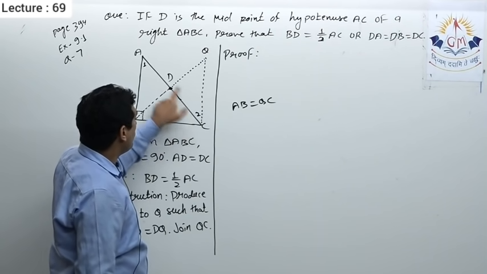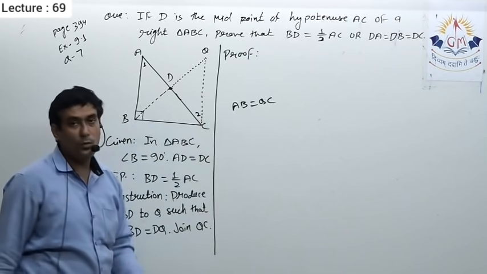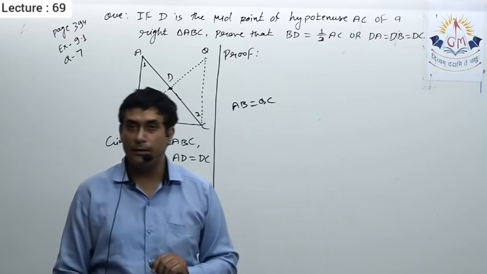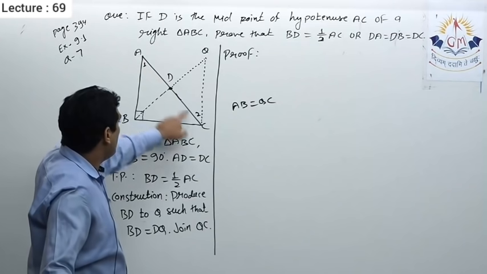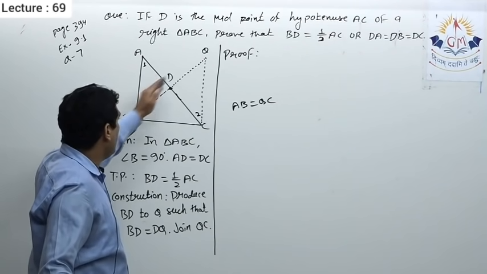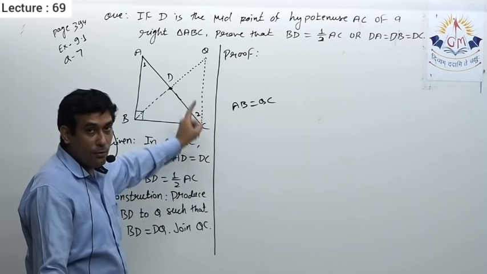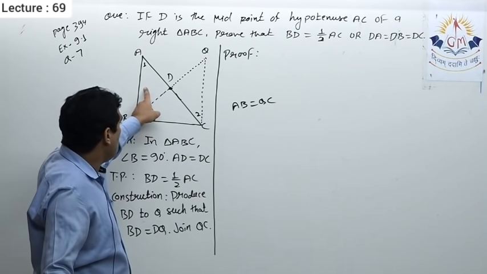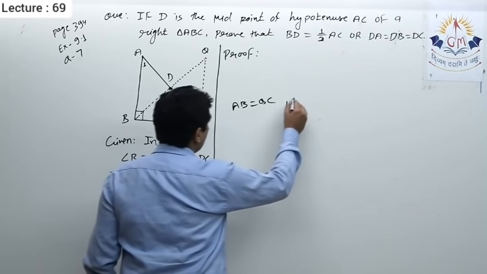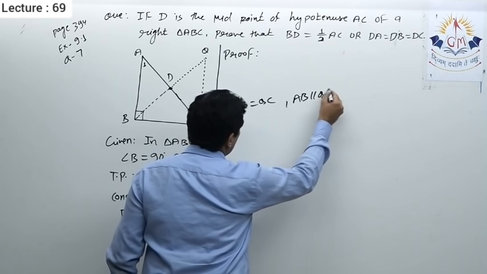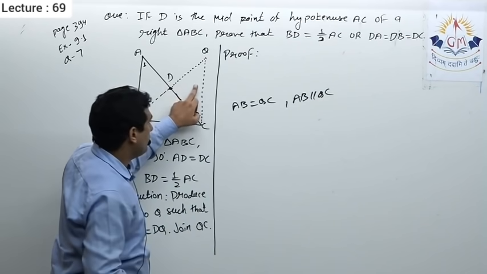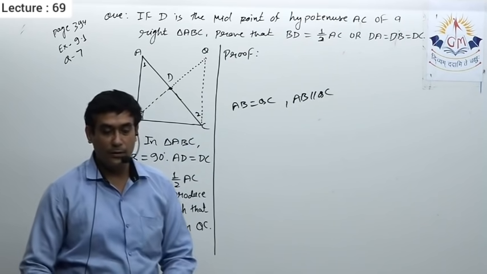Now as AB equal to QC and angle 1 equal to angle 2, if you observe, these 1 and 2 are actually alternate interior angles made by transversal AC with lines AB and QC, and the alternate angles are equal, so I can say AB parallel to QC. So AB equal to QC, AB parallel to QC.